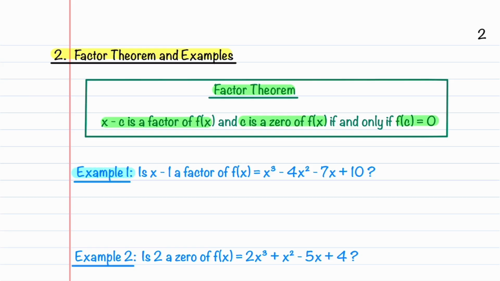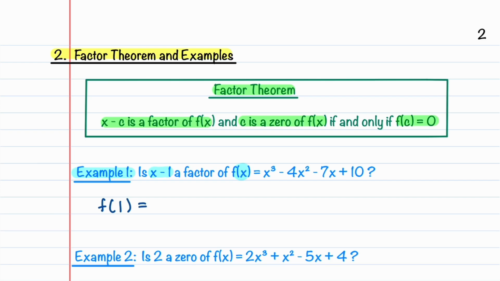In this first example, we're asked, is x minus 1 a factor of f of x? From the factor theorem, we know that x minus 1 is going to be a factor of f of x if f of 1 is equal to 0. So that's what we're going to check. We're going to let x be equal to 1 and see what we get.